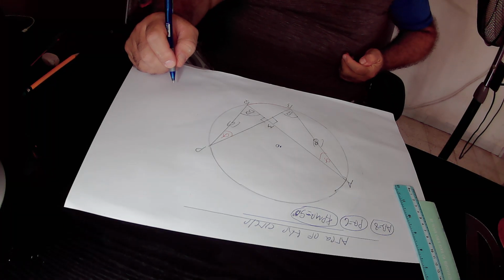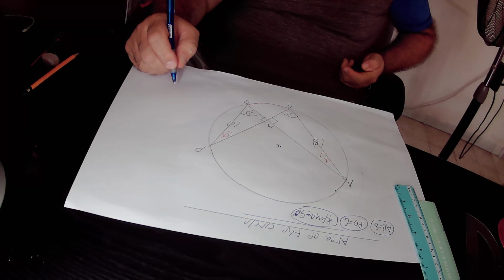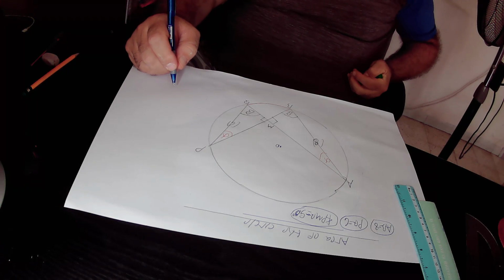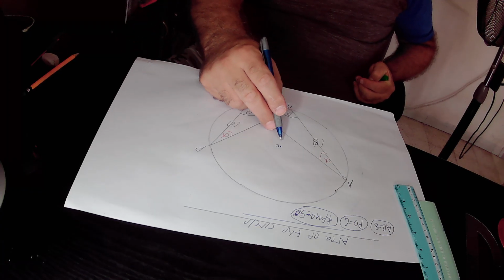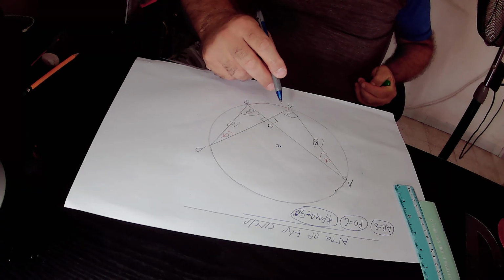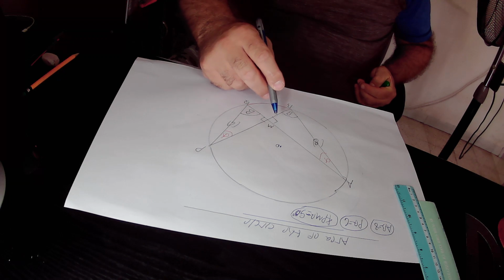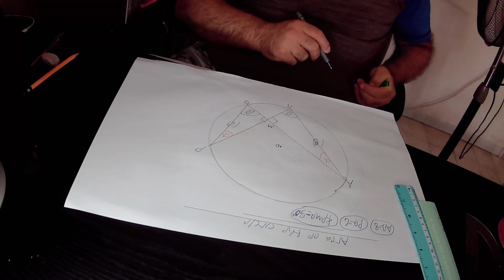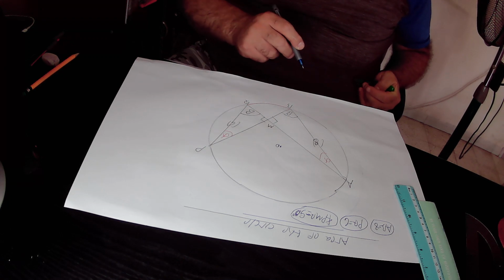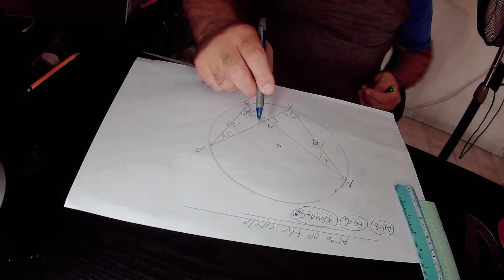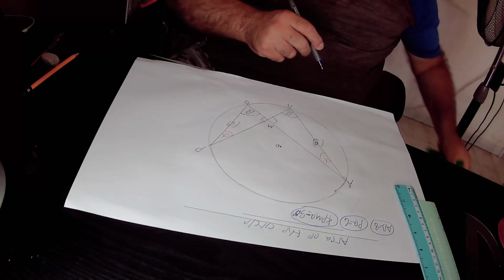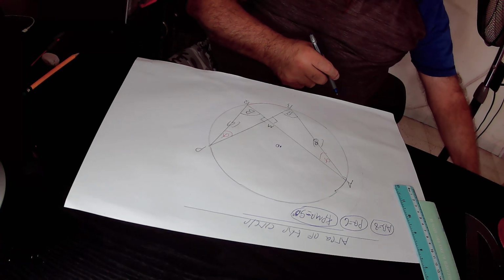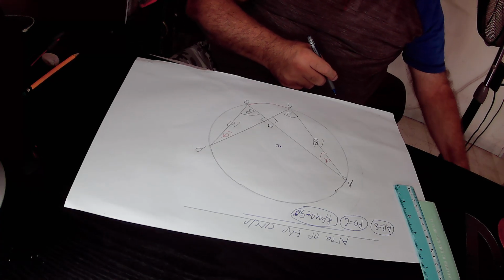A central angle is an angle in a circle with its vertex at the center of the circle, and its two sides are two radii of the circle, and the two sides form an arc.